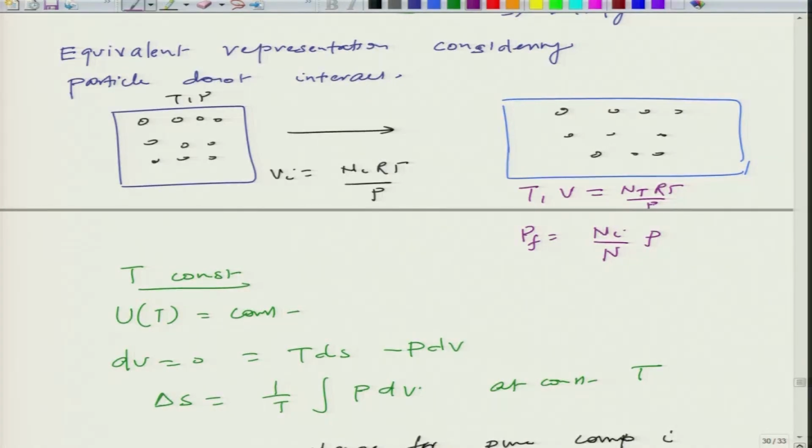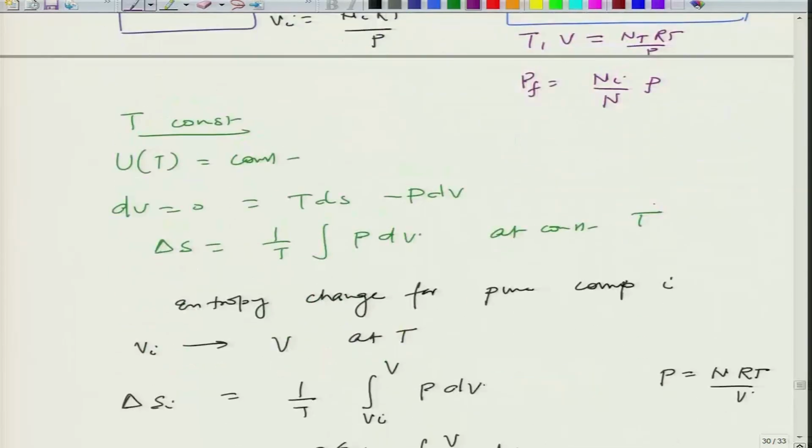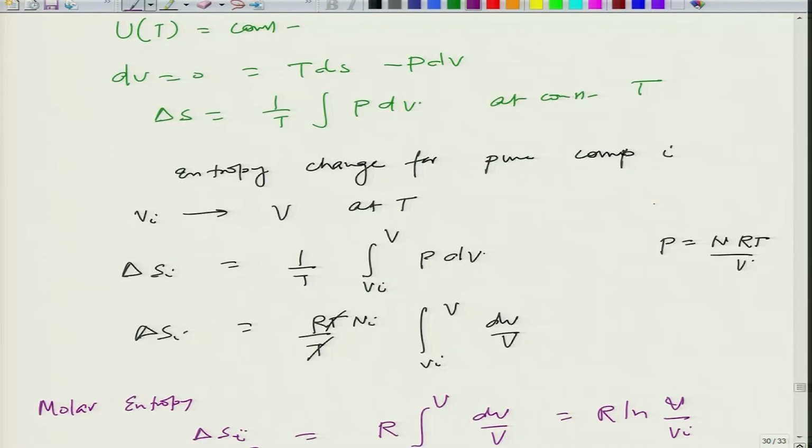That is something which you cannot ignore, because at the end of the day what I am trying to find out is the change in S from its original state, which was pure, to the final state. So, the final state has other components also.